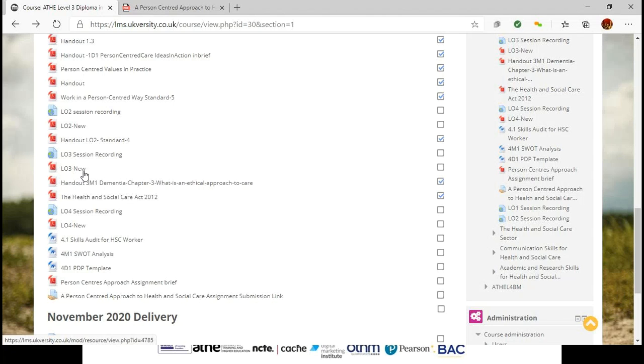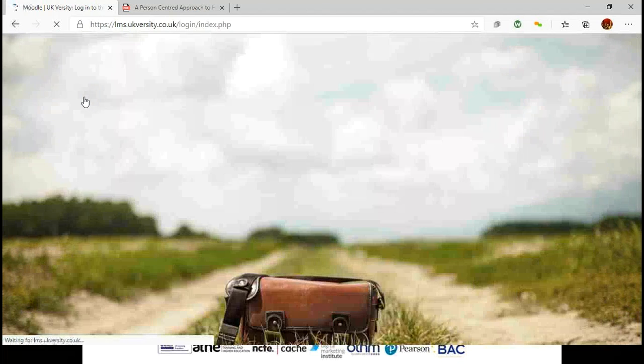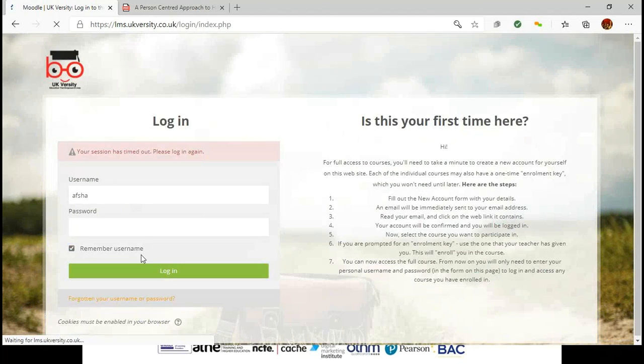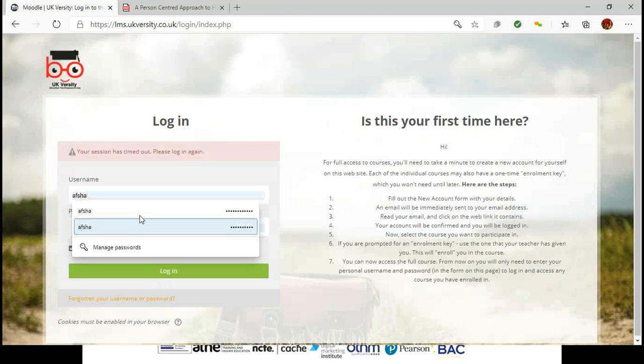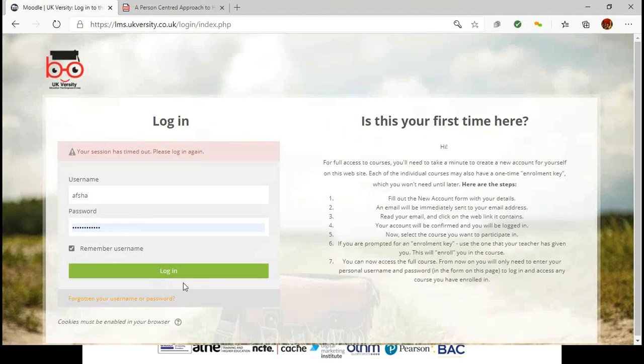This is the PowerPoint that I've just gone over. You also have "Work in a person-centered way, standard 5." This actually explains the 6 C's, and it goes over a few points that make it a little bit more clear if you want more information to read over.